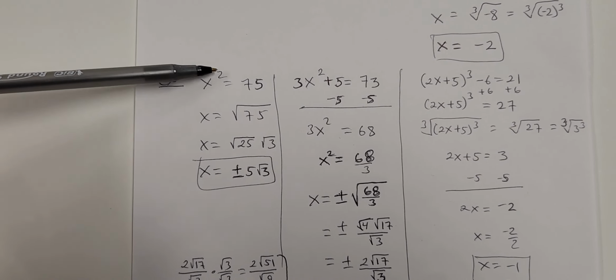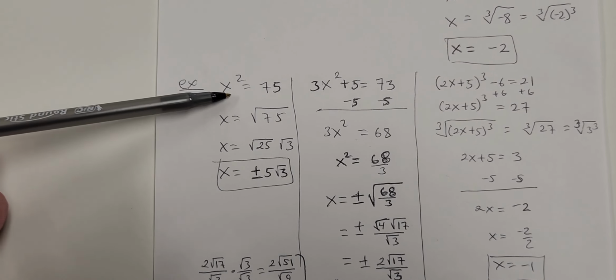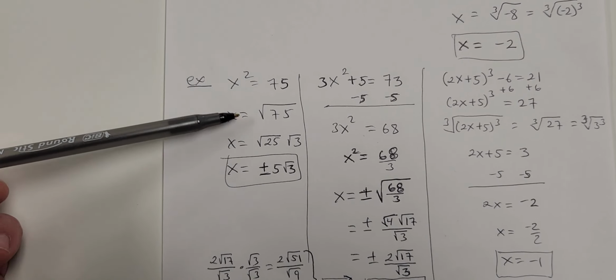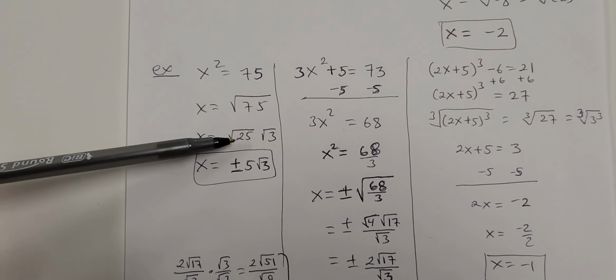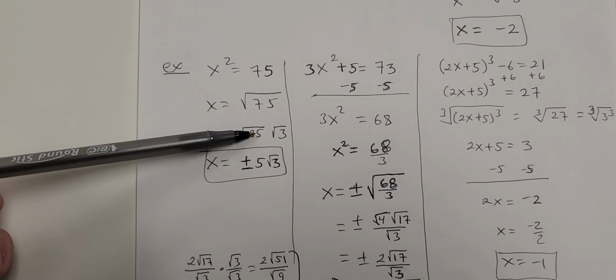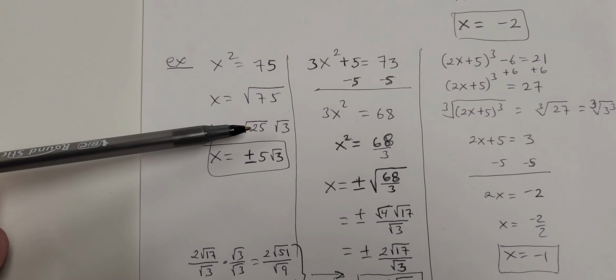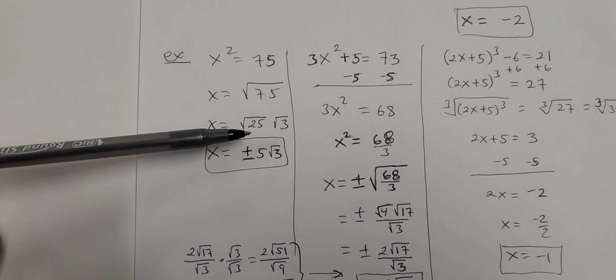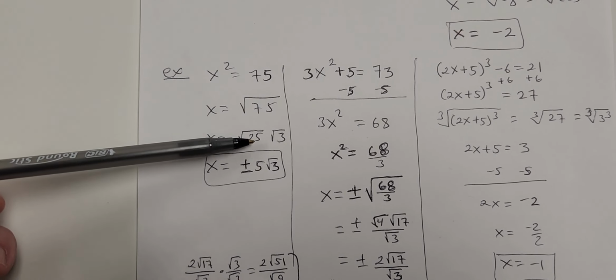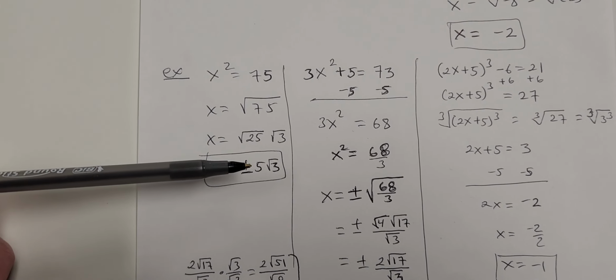x squared equals 75. So square root both sides, so I have x equals square root 75. Now I want to separate 75 into two numbers. Make sure the number that you are using can be square rooted.